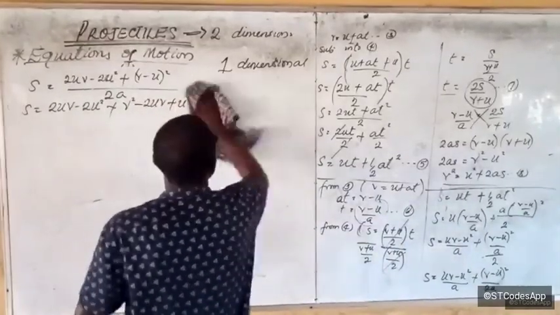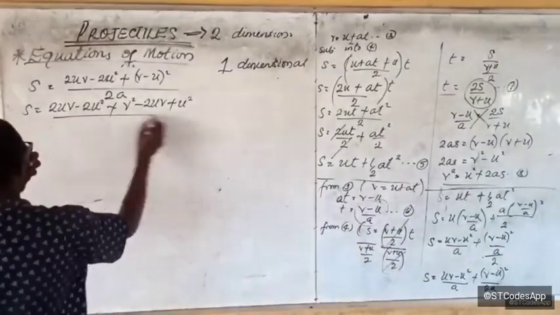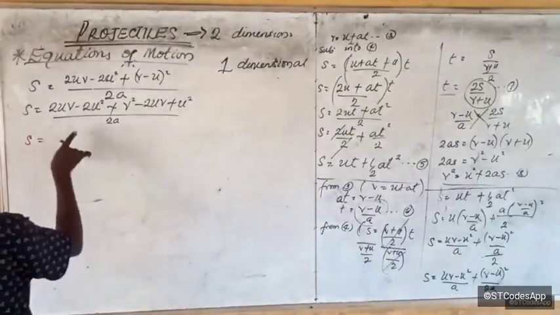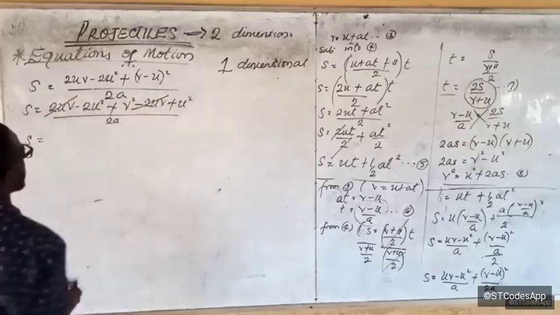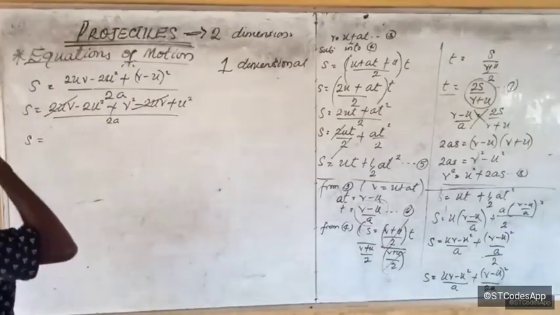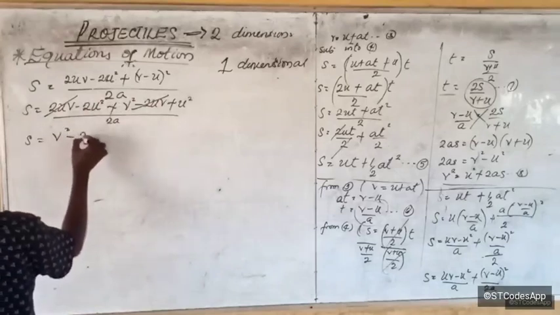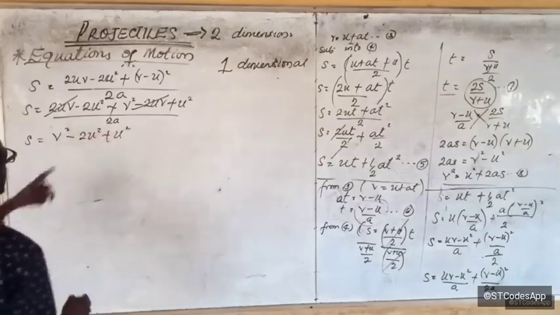So that is that. Now all over 2a. So this becomes s. Now 2uv and 2uv can take care of each other. Is that okay? The v squared comes first. v squared minus 2u squared plus u squared. Okay, they are the same again.